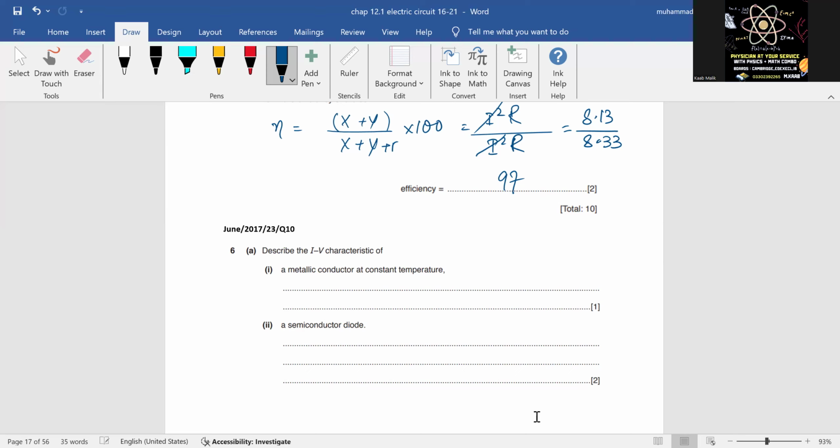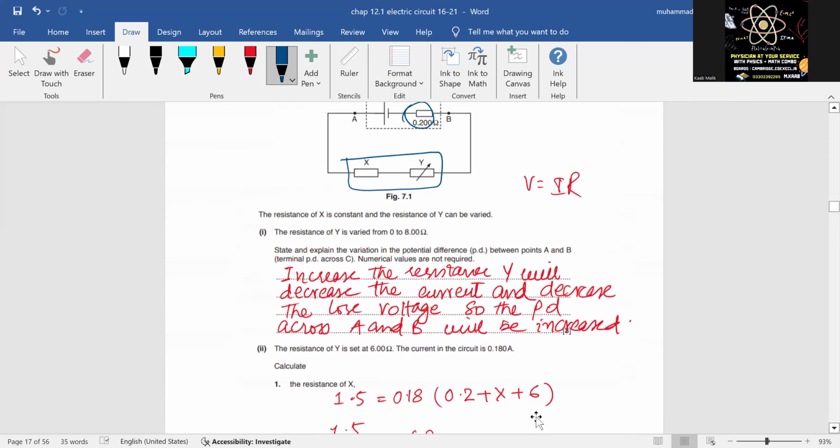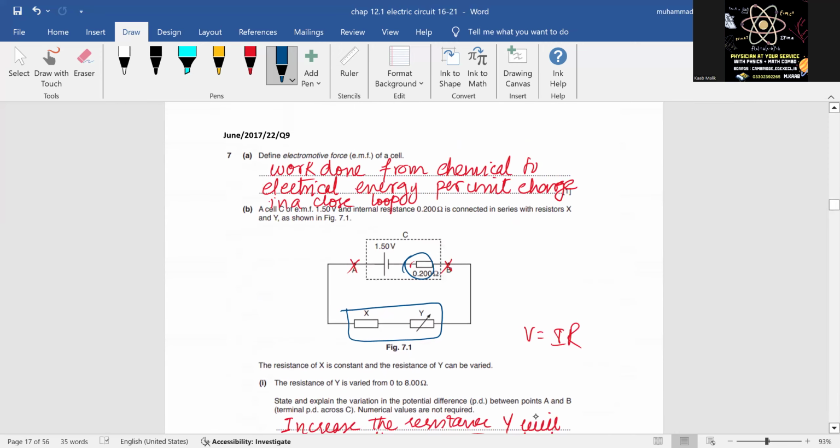So basically, you just need to define the graph. Sir, how do we know which one's output and input over here in the efficiency? Basically, whatever the power transferred from this battery is the input, right?